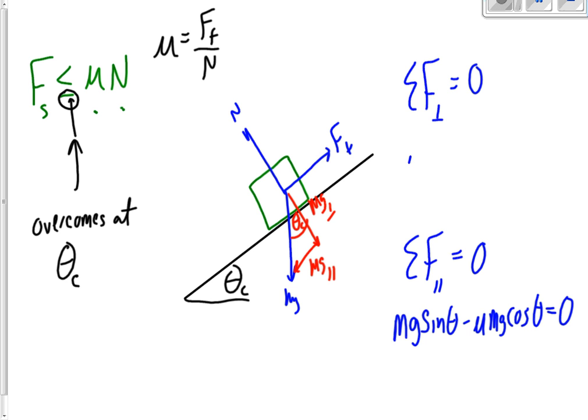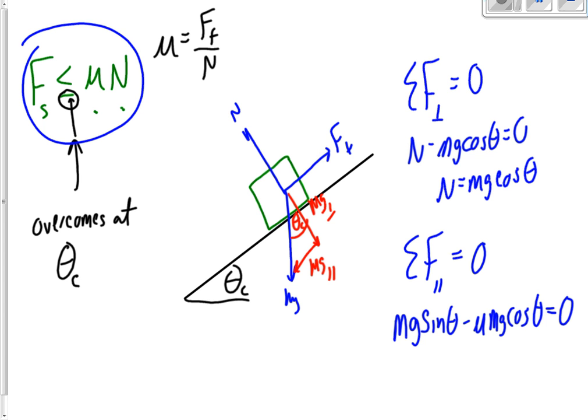Because still up here, we're saying normal force minus mg cosine theta equals 0. So the normal force equals mg cosine theta, just like before. And friction force equals mu times the normal force. So the friction force equals mu mg cosine theta.